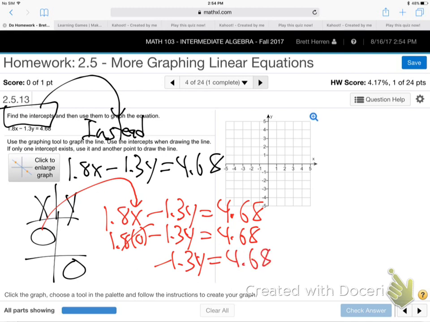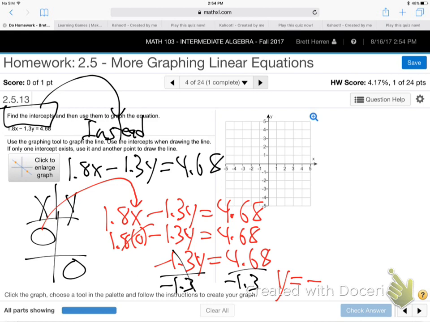equals 4.68. Last step to get y alone there: divide by minus 1.3. I'm hoping that's clean, or somewhat clean. What does that come out to be? Is it 3.6 exactly?